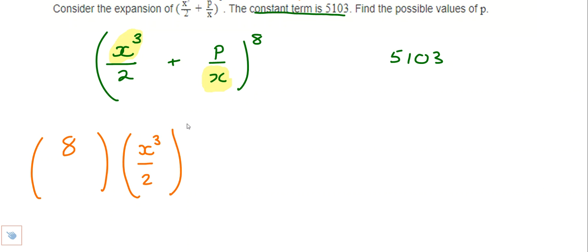I'll tell you what, should we try and do it algebraically? Well, I'm going to say this would be n minus r. Do you recognise that from before? So 8 over r, and then it would be p over x to the power of r.